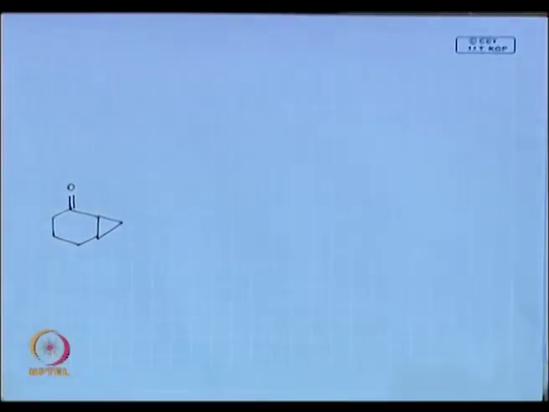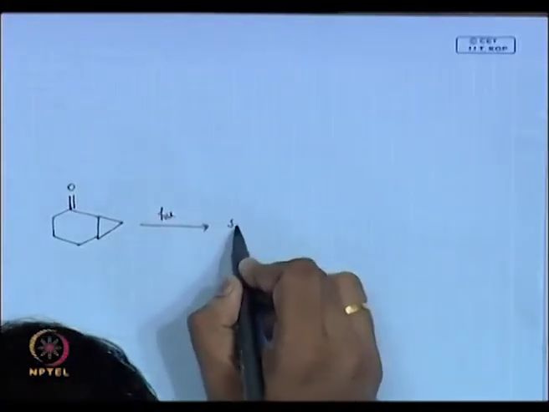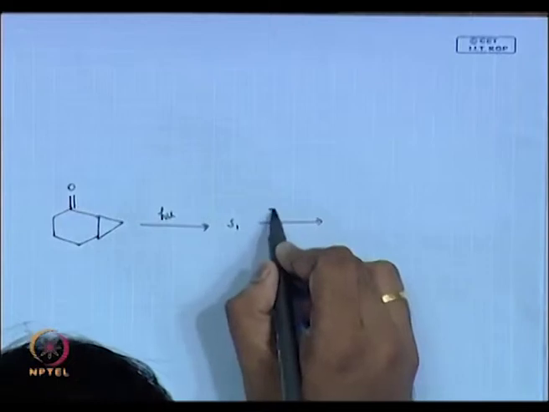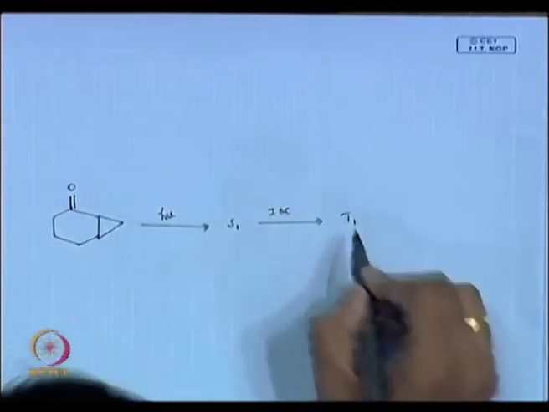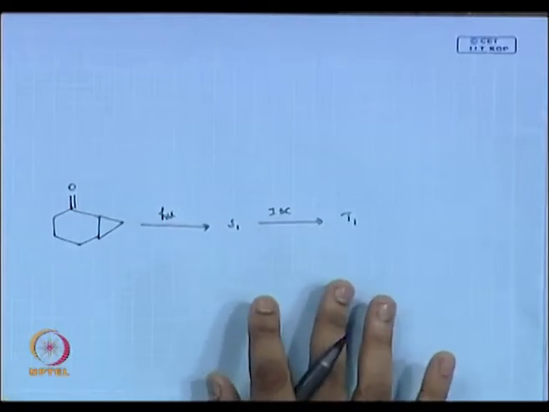So, I have a system like this now. Okay. What can it do? Once it is excited, again I said that it gives S1, then intersystem crossing gives you T1, fine. Depending upon your molecule, it can go from your S1 to T1.